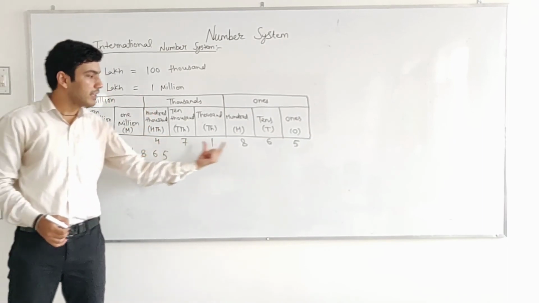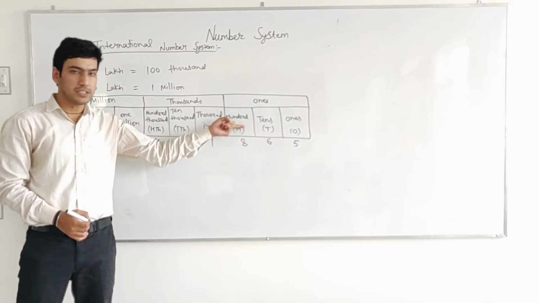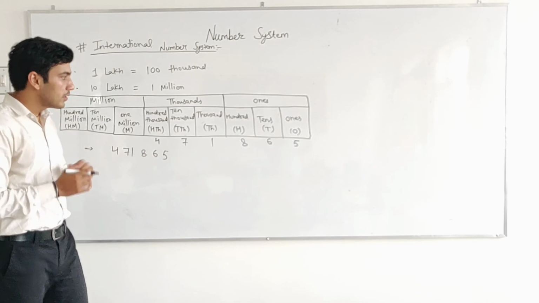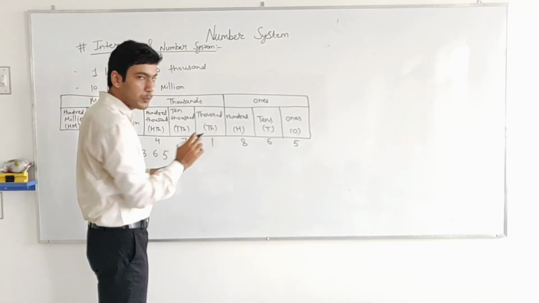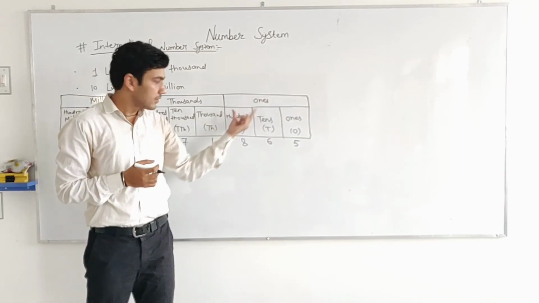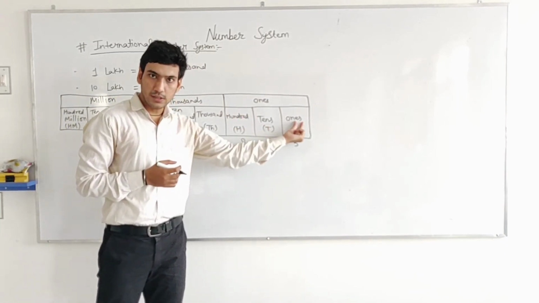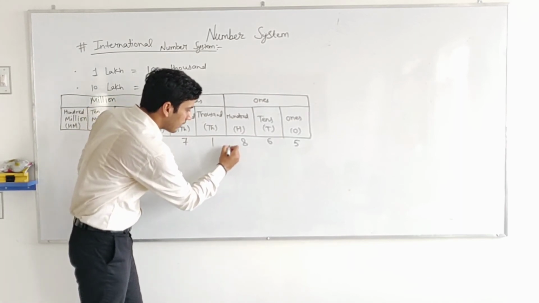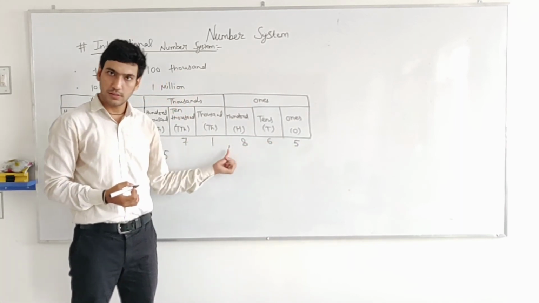So in this way I can represent this number on this place value chart. Now how to put commas in this number? Always remember, you have to put commas according to their periods. The first period is contained in these 3 places, the ones period, so put a comma after these 3 numbers.